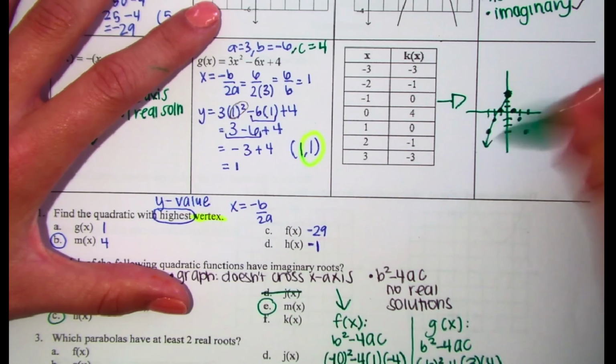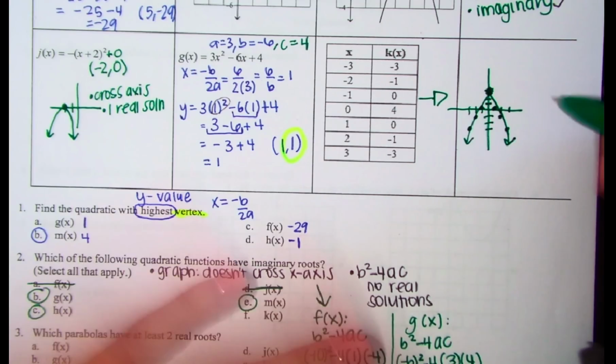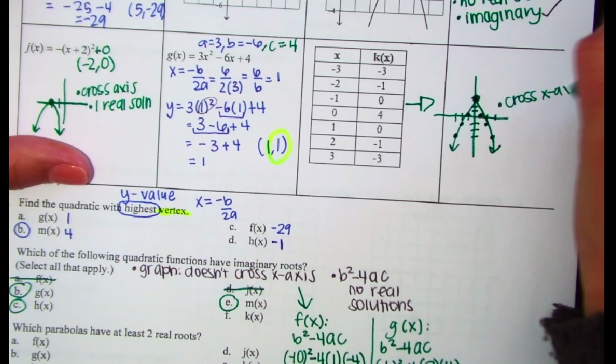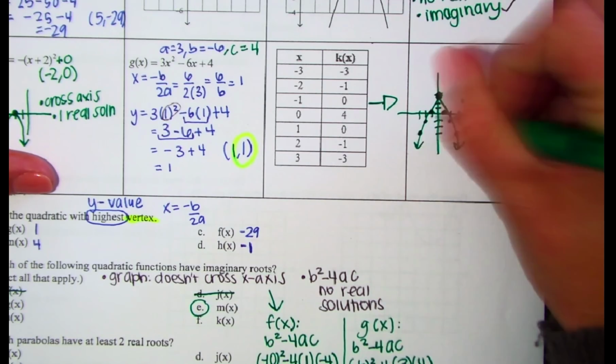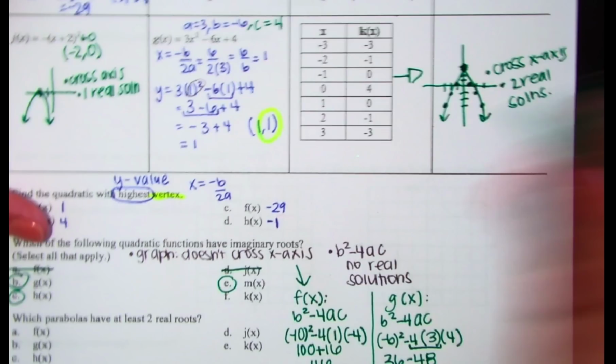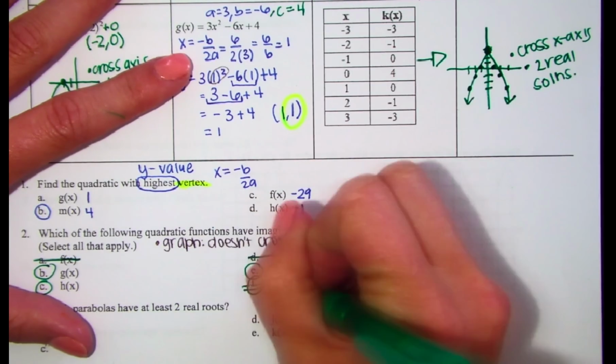So this is what my parabola looks like. And I see that it does cross the x-axis, which means there is, in this case, two real solutions or two real roots. So there's no imaginary whenever there's real. So my answer is not k of x.